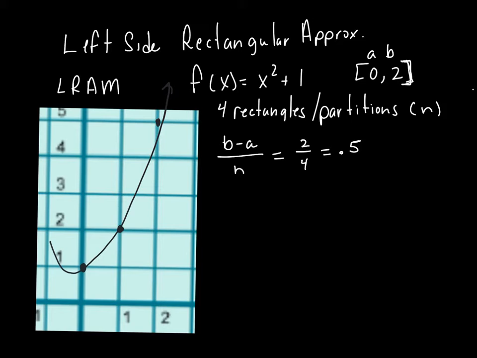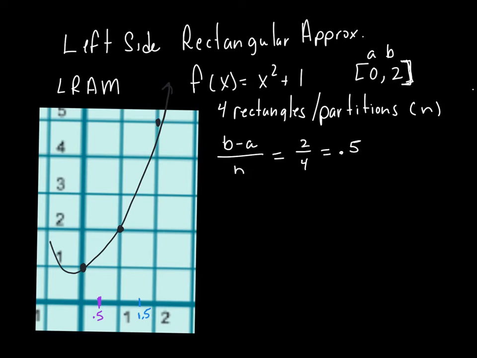And again, I said this before, I'll say it again, it does not have to be the same length, but for this, it makes our life a lot easier if we make all of the rectangles the same size. So we're going to use, again, 0.5, 1, and 1.5 to draw our rectangles.